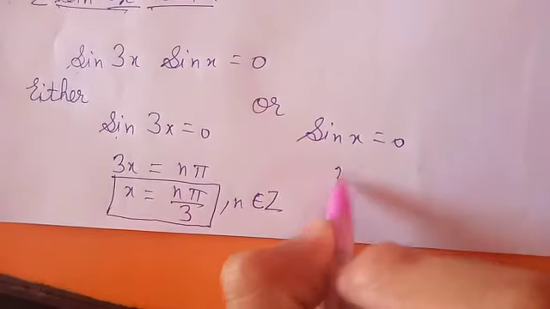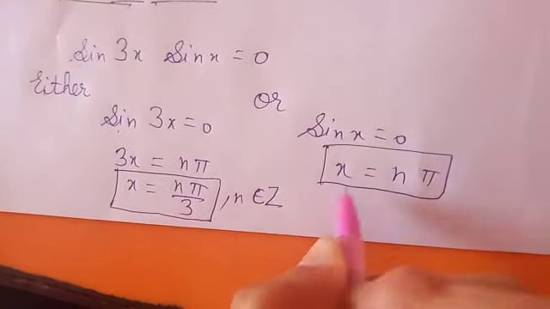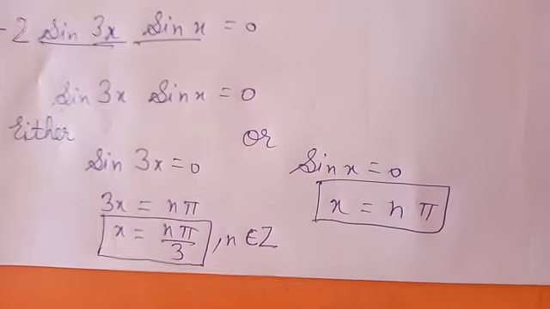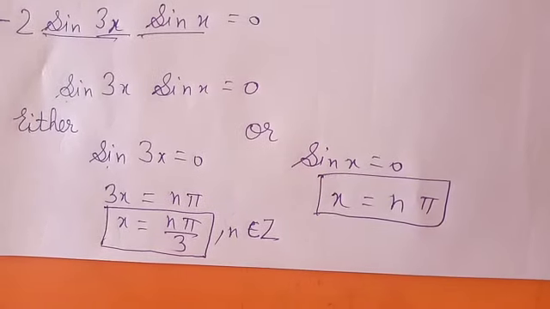Similarly here our x will be equal to n pi. So this is the general solution of our equation for cos of 4x equal to cos 2x. Okay. Similarly, you can solve question number 6. In question number 6, you have to first use the formula of cos A plus cos B, and after taking common, then you can solve it.